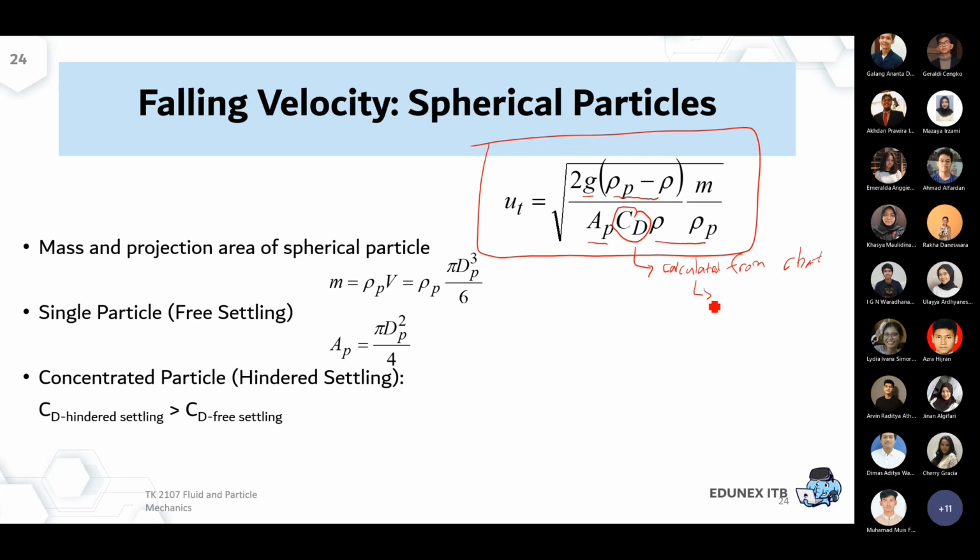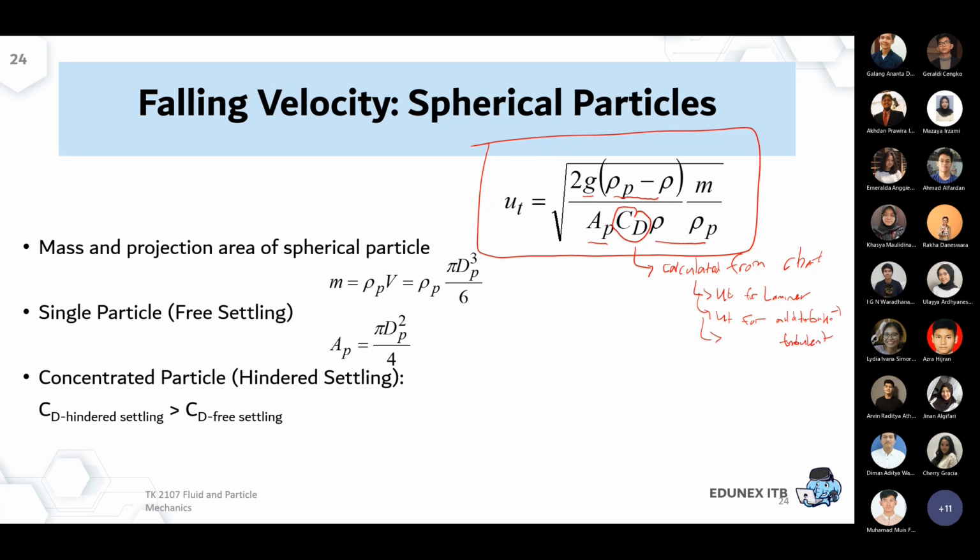We will have UT for laminar, UT for mild turbulent, for example, and so on, up until the turbulent.